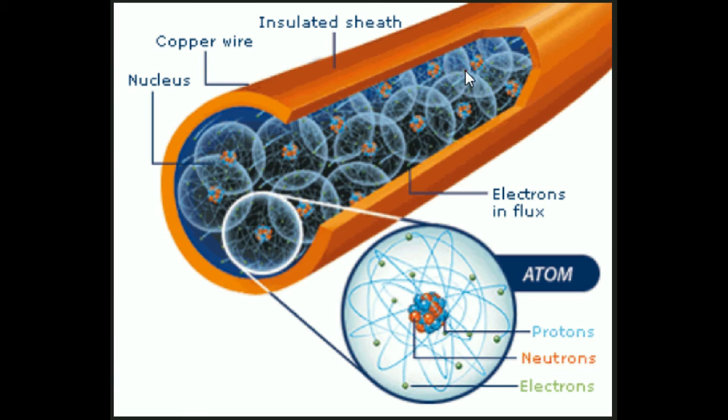And basically the outer shell electron, if exposed to an electric field across the wire, would be hopping, say, from this atom to this atom, while this electron might be hopping from this atom to this atom, and finally we would be exiting the wire into some external circuit, say a battery terminal or a connection into a filament or something like that.